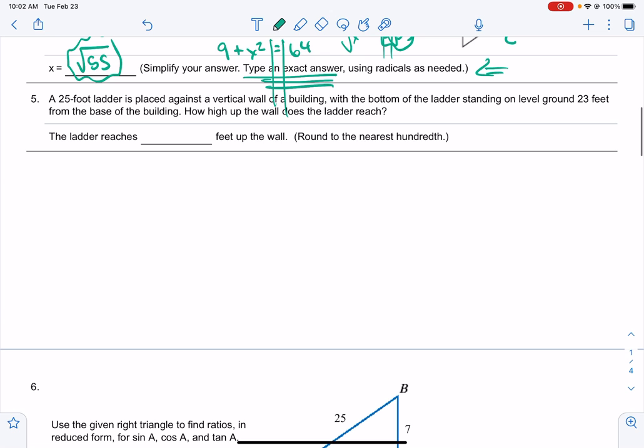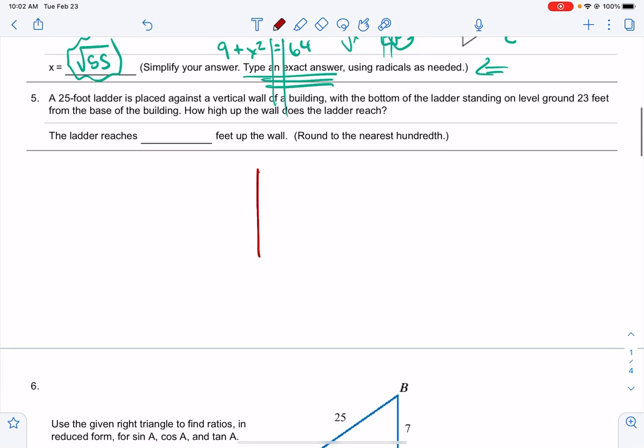Okay, number 25. We're going to use these same ideas, but this time it gives us a story problem. So it says that a 25-foot ladder is placed against a vertical wall of a building. All right, so I have a wall of a building here, and then I'm going to take a ladder and lean it against that building.